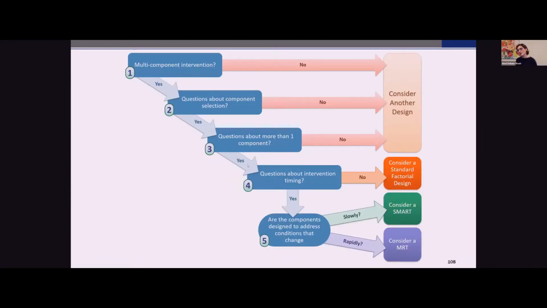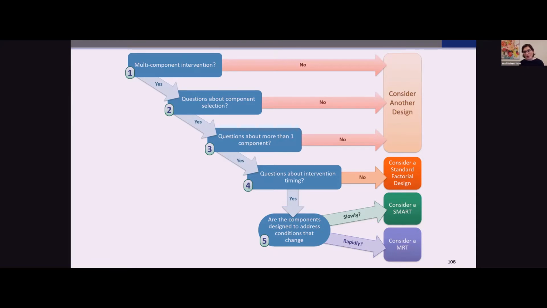And to summarize, I think the most important thing for you to keep in mind if you decide to use this framework is that we have to start with specifying the kind of intervention that we want to develop and our scientific questions.